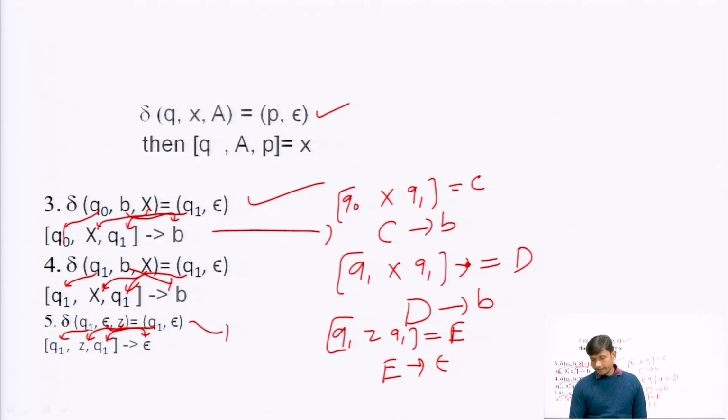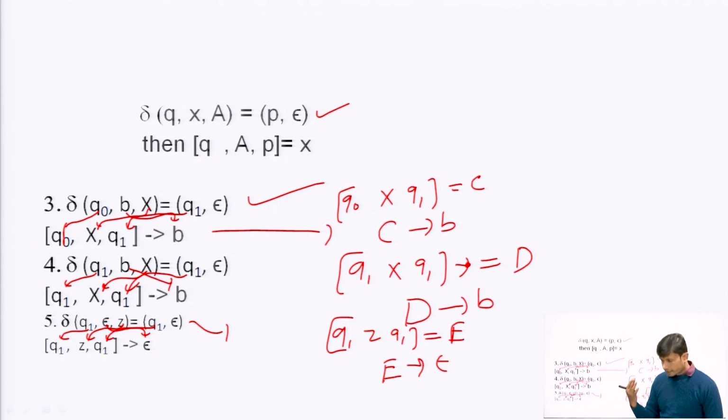So like that you have to convert your pushdown automata to context free grammar. There may be many unit productions, so you have to simplify the context free grammar.